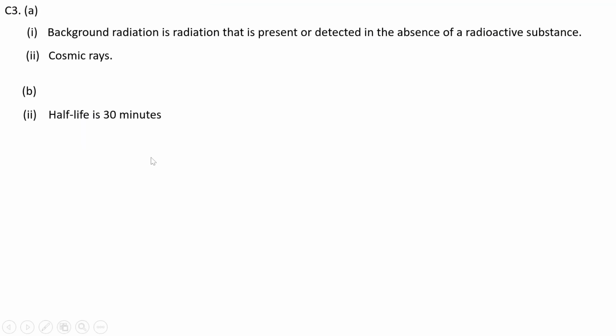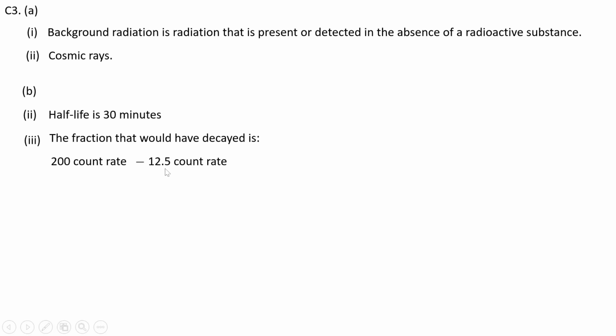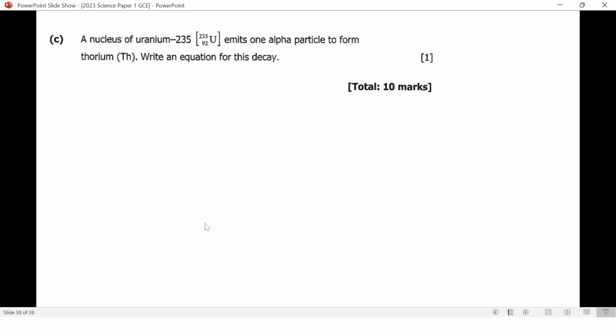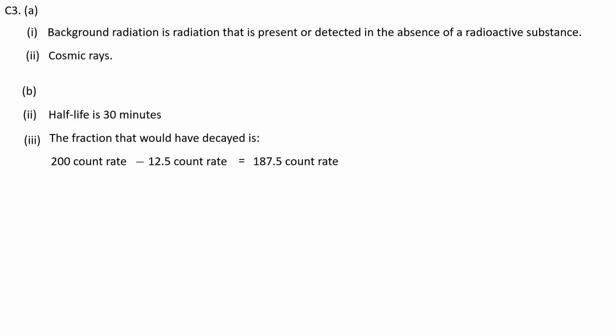So the fraction that would have decayed is the count rate 200 minus 12.5 count rate. If you remove this one from there, what would have decayed is actually 187.5 count rate. Yeah. So we move.